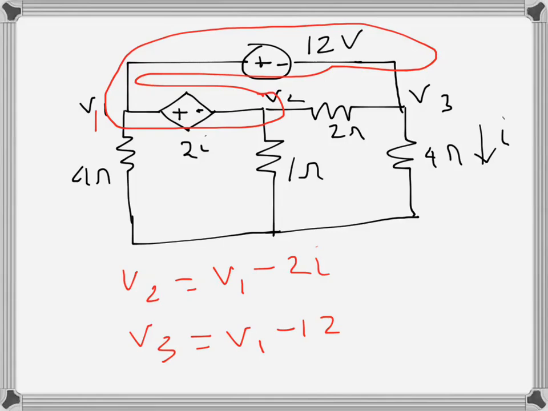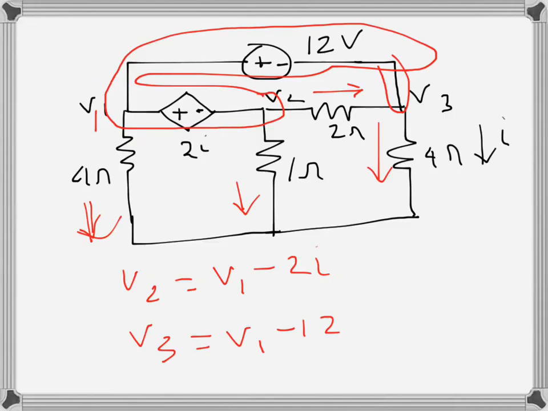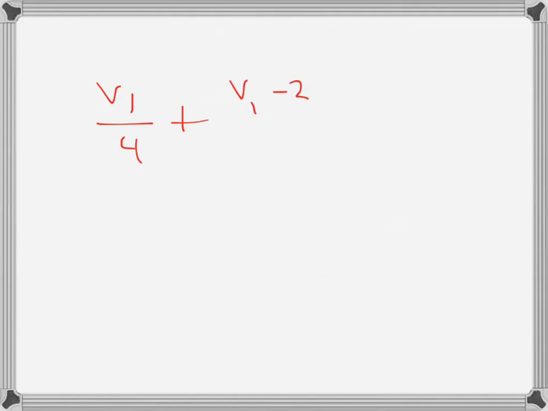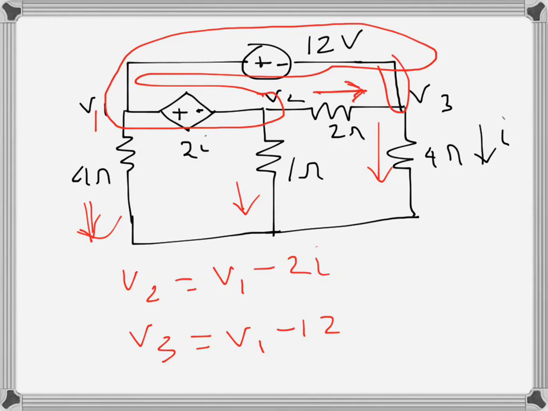So if I write KCL, this is an outgoing current, this is an outgoing current, then an outgoing current in this direction, then an outgoing current, basically this one, which is i as well. So V1 over 4 is this one: V1 over 4 plus V2 over 1. Instead of V2 I can write V1 minus 2i over 1, plus V2 minus V3 over 2.